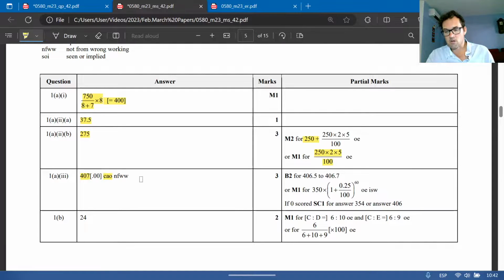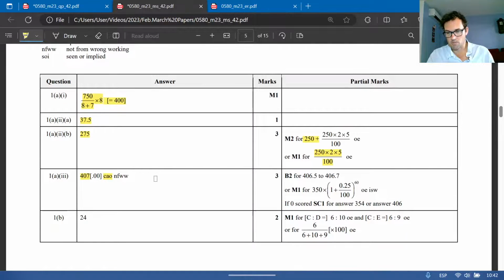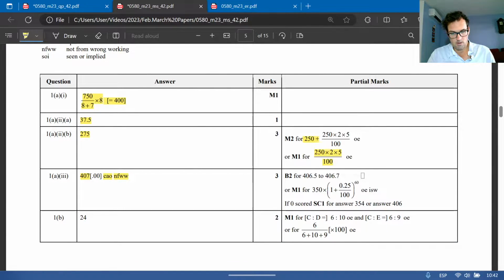Okay, so looking at the mark scheme, 407, you don't have to put the zeros. Correct answer only. CAO means there's no other answer you could possibly put there, not from wrong workings. If you don't have the right calculations there, you don't get your marks. And there we go.